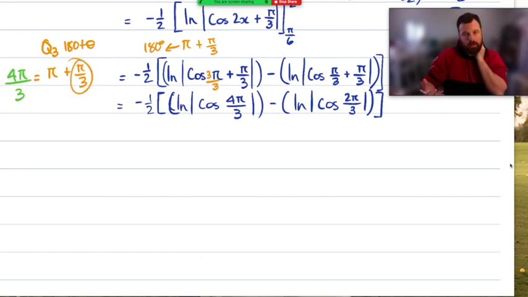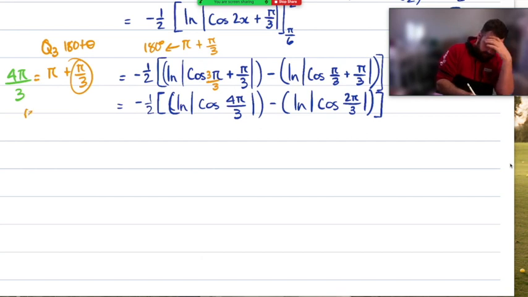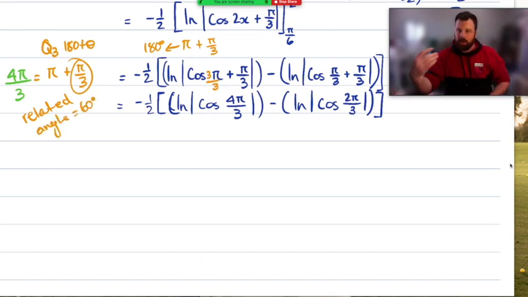And what do we know about pi over 3? Pi over 3 is 60 degrees. So the related angle is, it's happening at 60 degrees or pi over 3.